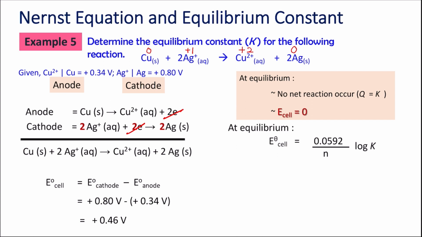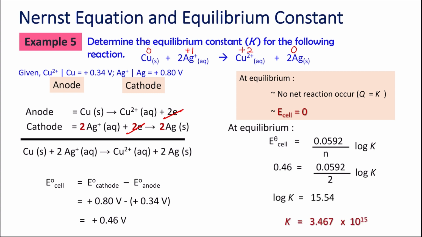So, saya ada E naught cell value yang saya dah cari, positive 0.46 volt. Saya masukkan sahaja dan N value adalah 2, elektron yang saya cancel. Dan log K, K adalah apa yang saya nak. So, masukkan dalam this one, awak rearrange anti-log K, awak akan dapat 3.467 exponent 15. And kita tak perlu tulis unit, we treat it as dimensionless quantity.